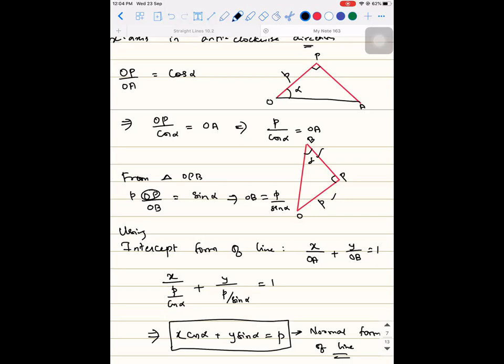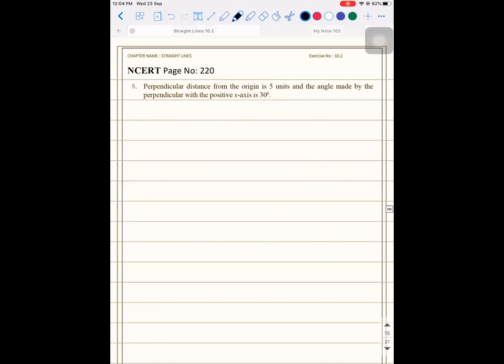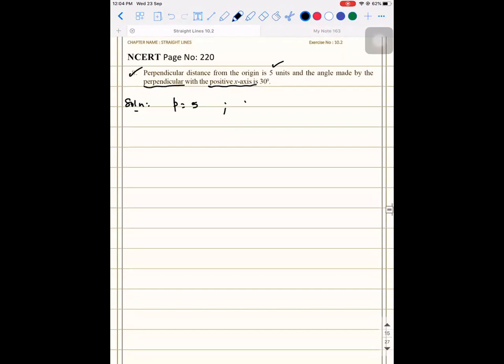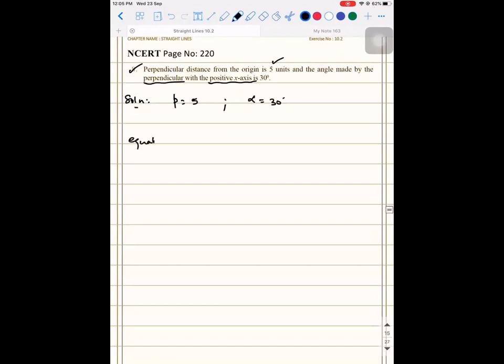Now you will be able to do this 8th question. The perpendicular distance from the origin is 5 units. Solution: small p is 5 and the angle made by the perpendicular with the positive x-axis is 30 degrees. So alpha is how much? 30. What will be the equation? x cos 30 plus y sin 30 is equal to p.